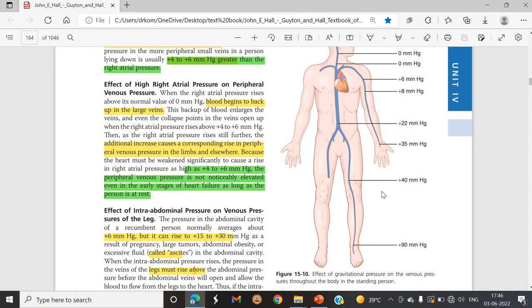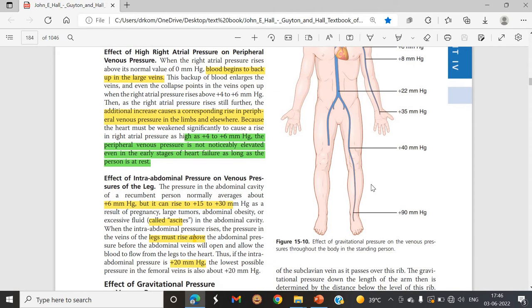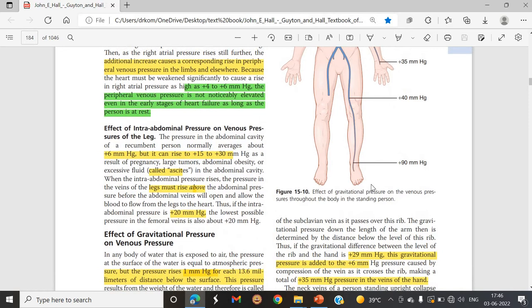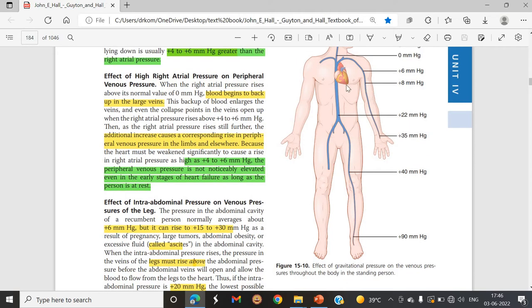You can go in a fast read. There is nothing very difficult here. But yes, we are talking here about a clinical application. This page also says that clinical application. What happens if we have a pregnancy? Like abdominal pregnancy or ascites, where the abdominal pressure is 20 to 30 mmHg.